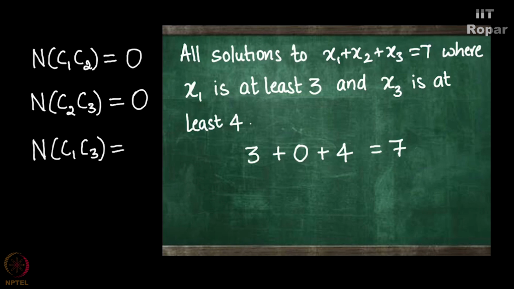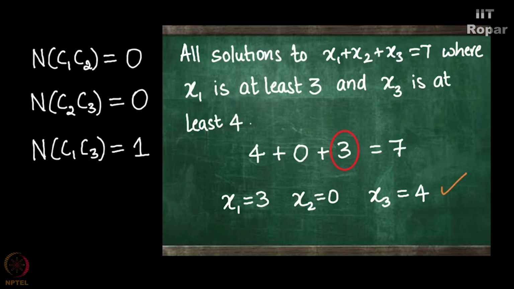Well, this is the only possibility here. Why? If I swap x1 to be 4, it is possible, but x3 cannot be 3 because it must be at least 4. And hence, no other solution is possible. The only possibility is x1 = 3, x2 = 0 and x3 = 4. And hence, n of C1, C3 is 1.